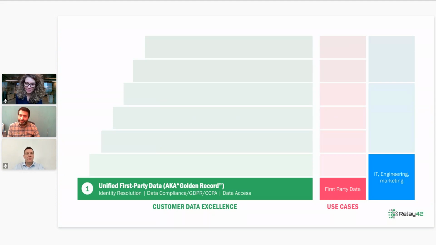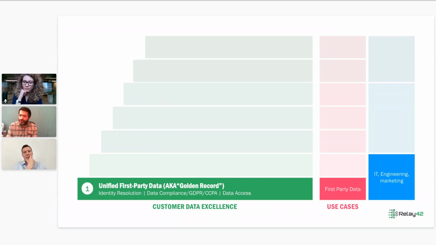Really, step 1 here is for customer data excellence. This is the core tenets of a CDP, right? Is to unify all that first-party data across the business, deliver the golden record or single customer view, whatever you want to call it. And so, it was all around first-party data. The use cases and capabilities that you need in that are identity resolution to create those unified profiles.